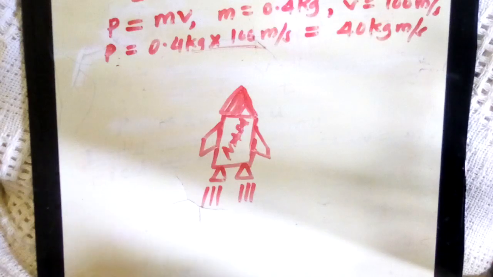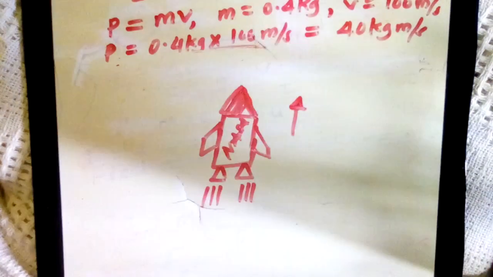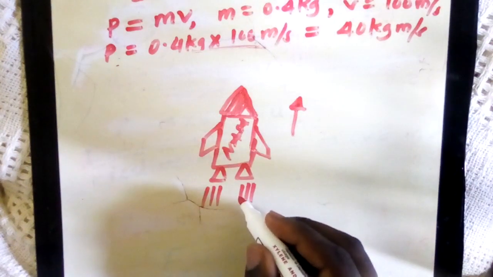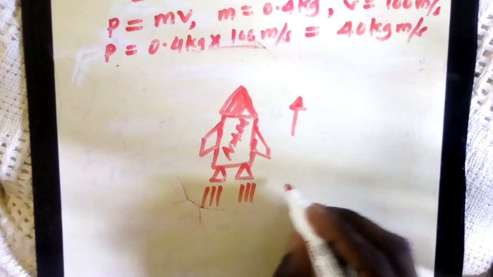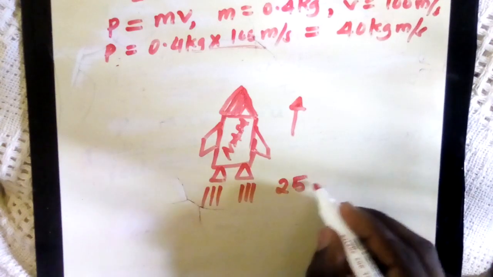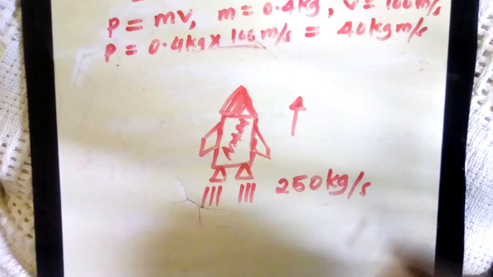And then it is moving forward in space. Let's assume that these gases are expelled at the rate of 250 kilograms per second.